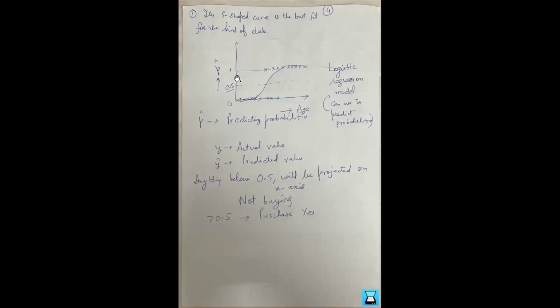Okay, now what you can do is that to this sigmoid, to this logistic regression model, you can put a line corresponding to 0.5, right? So put a line here. Now whatever probability you predict using the equation that I have just shown, which is the equation for the logistic regression, if the probability is more than 0.5, you will say that it belongs to this class of purchase, making the purchase.